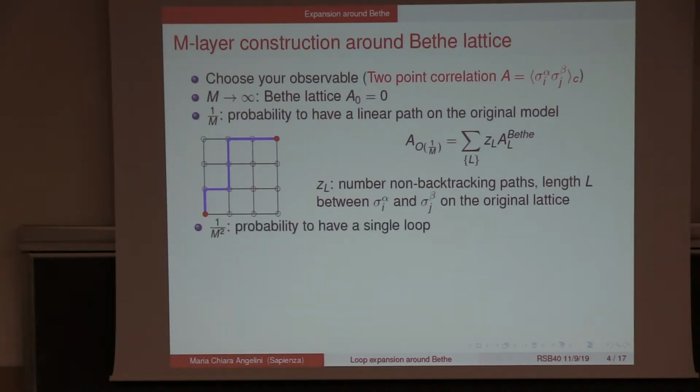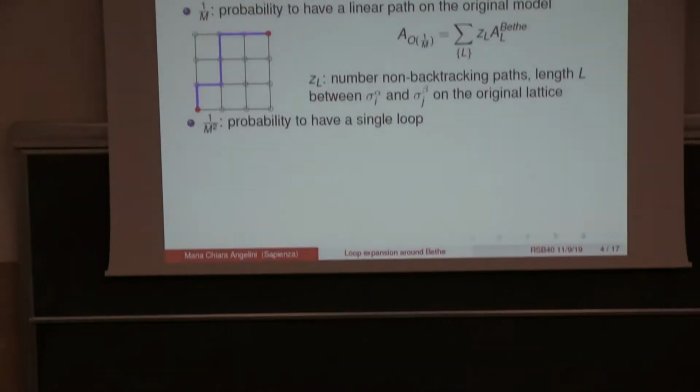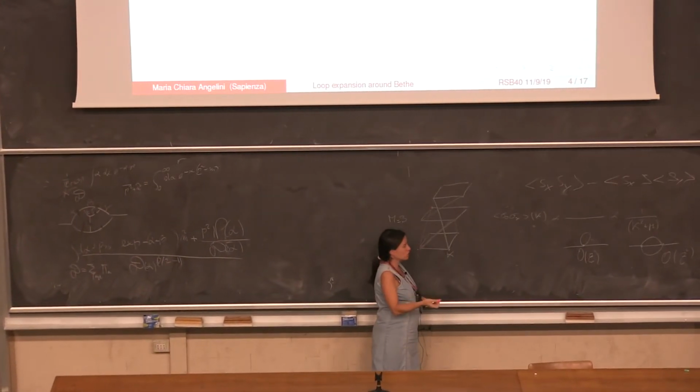Okay, so let's look at the 1 over m squared correction. At this point, it is the probability to have a single loop, because we have said that this path happens with probability 1 over m, and then I can go the other way. So I can go, for example, here, and then from here, the probability to pick again j on this layer is again 1 over m.